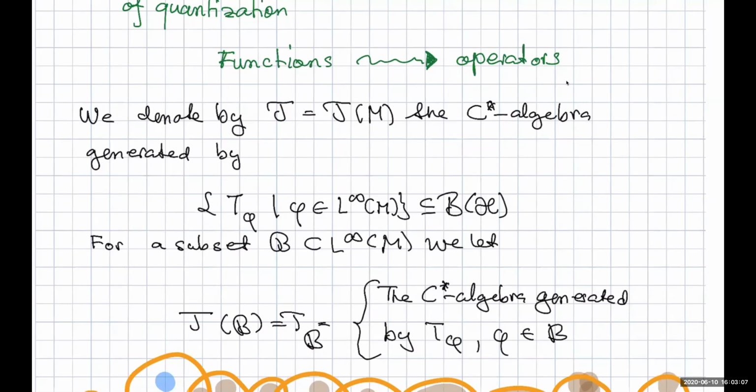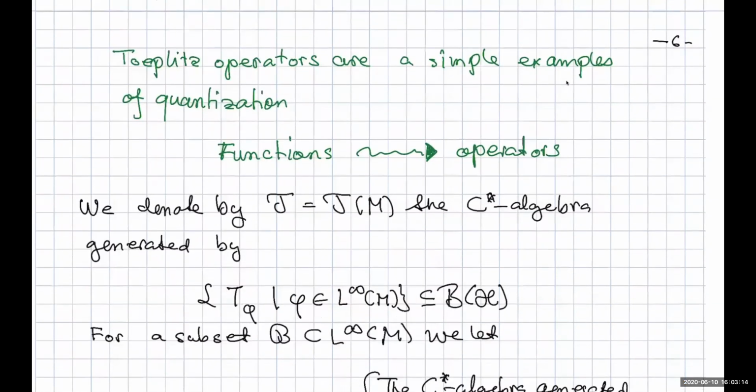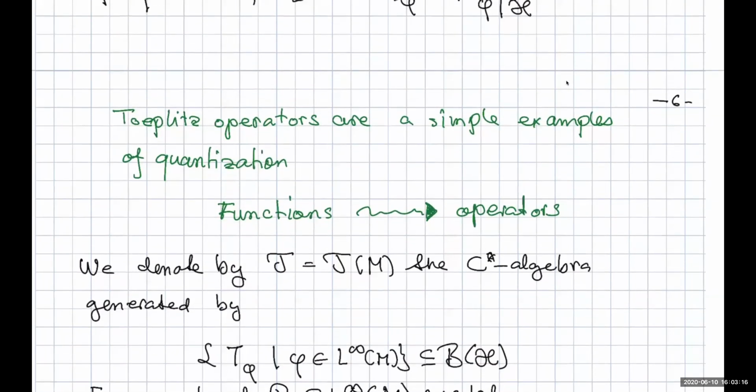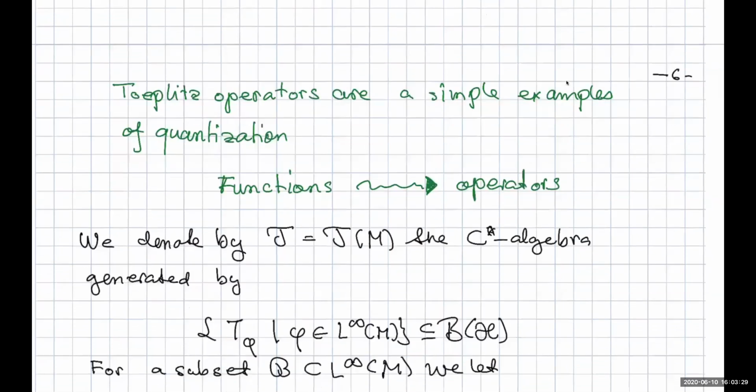So you look at the smallest C-star algebra that contains all those operators, all the T phi as phi runs through L infinity, okay? That gives you a C-star algebra, which usually is quite big, okay?